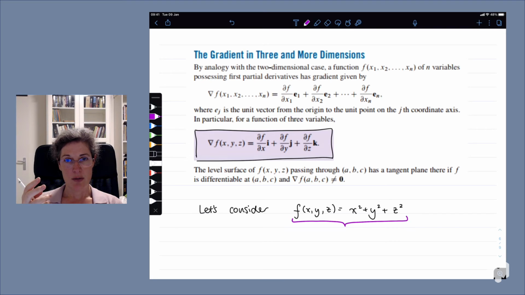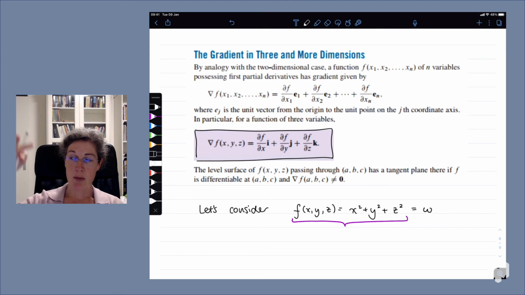I'm going to say w is equal to x squared plus y squared plus z squared. So I think one of the examples I might have given in class, here you might be thinking of the temperature depending on the location within a room. So if you want to map the location in a room, you need 3 variables, an x, y, and a z, and for each point that you have, you will then get a resulting temperature. So that's the kind of thing that we're looking at over here.